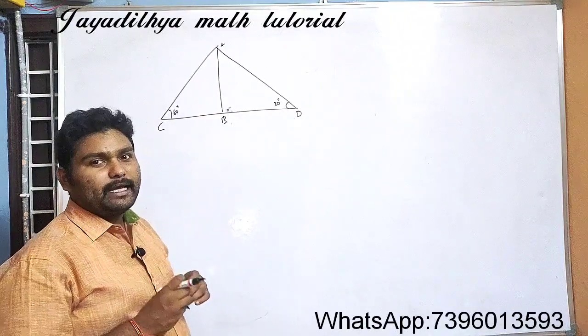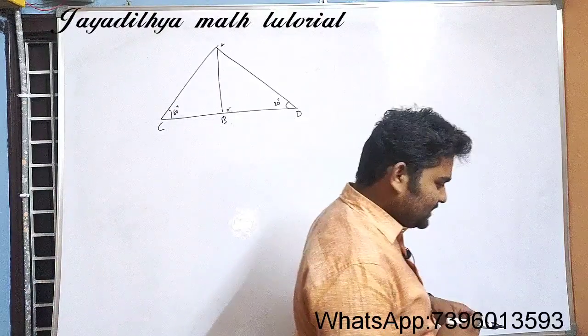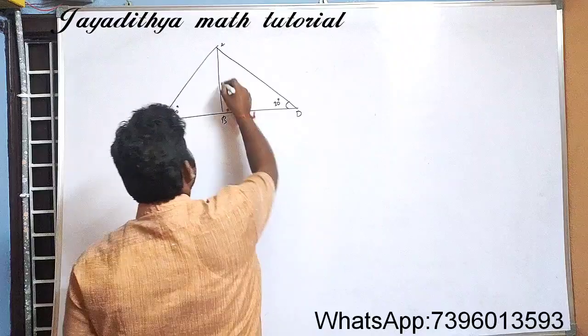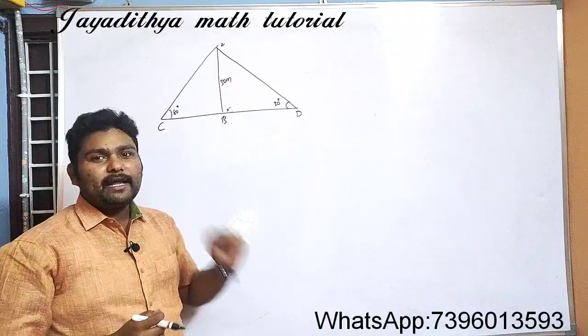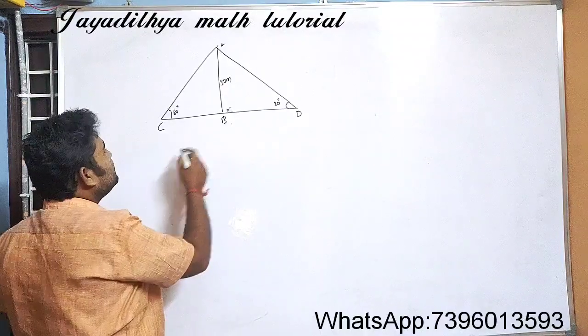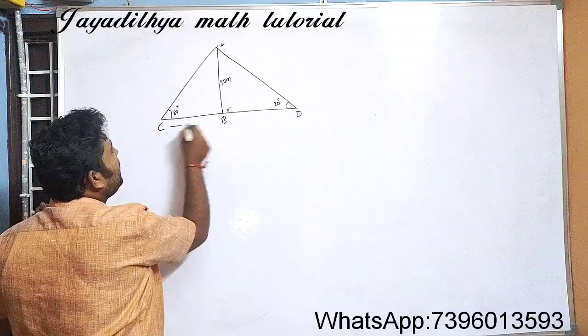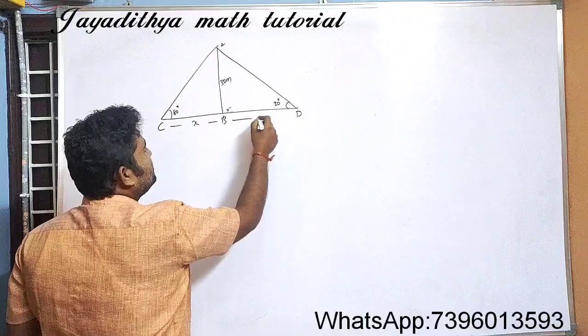You need to find the distance between them. The height of the temple is 30 meters. Let us think CB as X and this as Y.